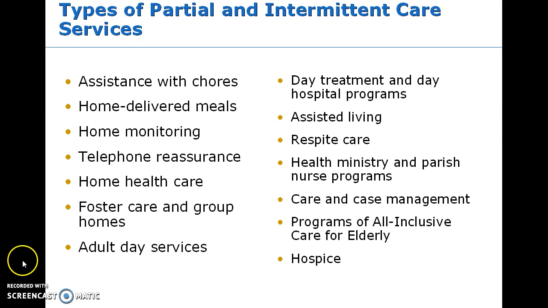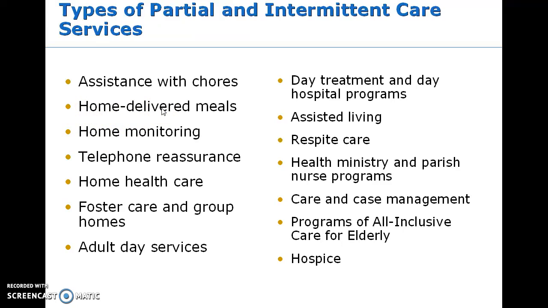So we see how that works with all who are rotating through the adult daycare center at Care Connexus. We also have foster care and group homes, home health care, which I spoke of before. We do have telephonic nursing now, and also physicians call at home to check on the older adult. Home monitoring is something very new now.